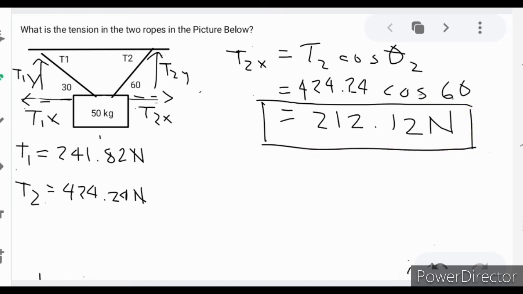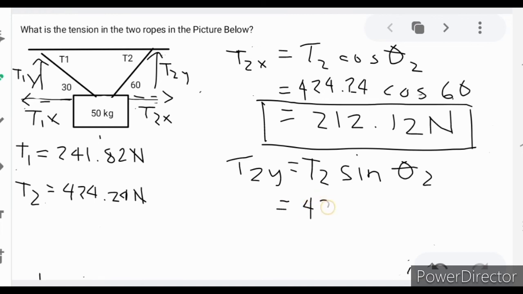Then let's get the value of Ty sub 2. So it is positive because it is on the right side, and the Ty sub 2 is also positive because it is upward. So we have T sub 2 now sine theta sub 2. So again, let's substitute the values.